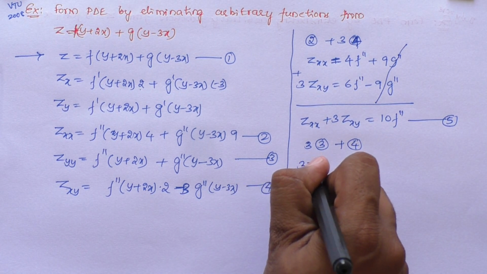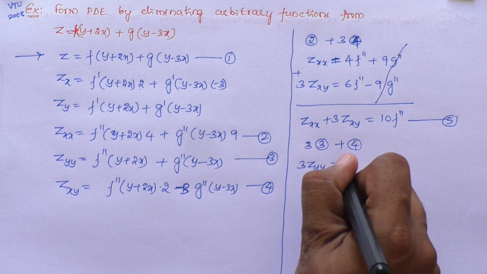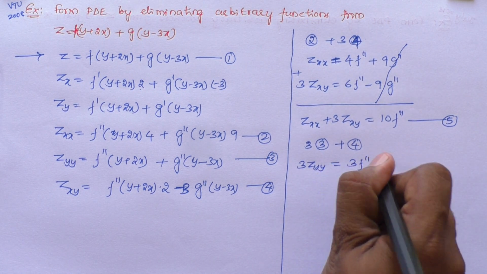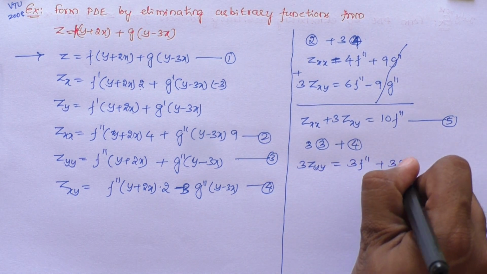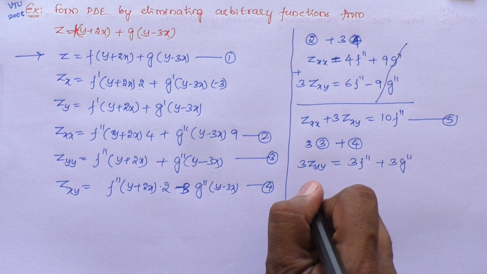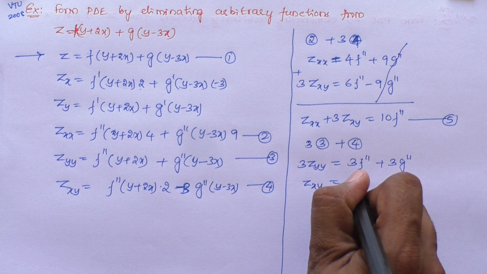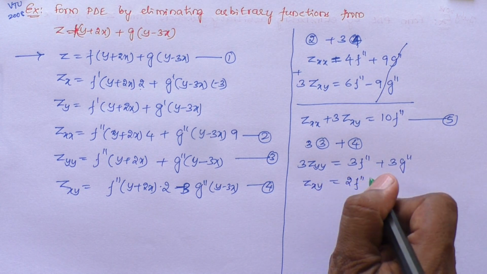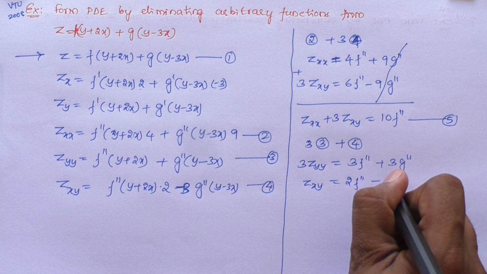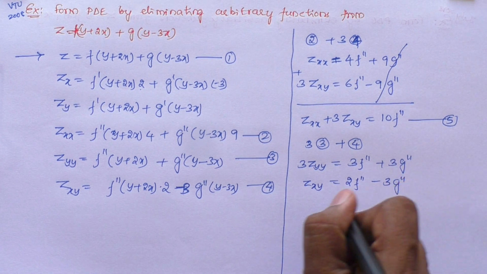So 3 zyy equal to 3 f double dash plus 3 g double dash, and zxy equal to 2 f double dash minus 3 g double dash.